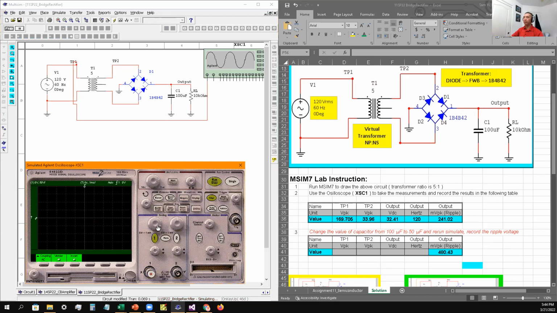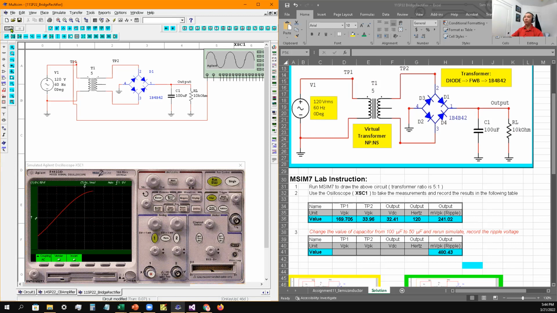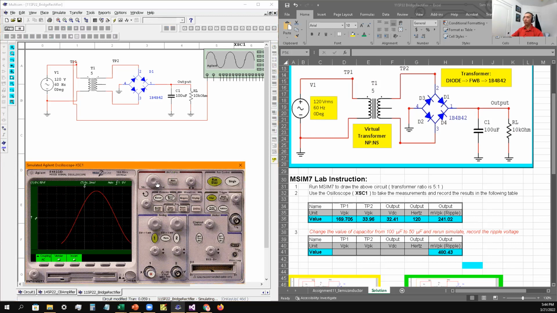You just play with it. Either compress or stretch your signal, and then this one adjusts vertically, or you can use this one to adjust your time to give you more signal on the display screen.